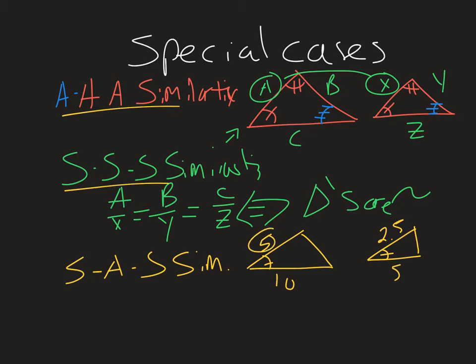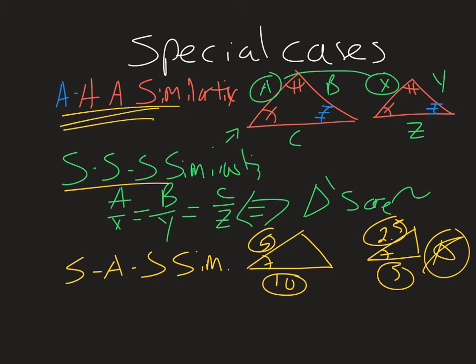If these two side lengths are proportional and the angles are congruent, then I know that the triangles are similar, not congruent. It's worth noting this is a very special, very seldom used case. Oftentimes angle-angle similarity is the most popular, and failing that, side-side-side usually is useful. But this one does pop up from time to time, so it's worth being aware of.